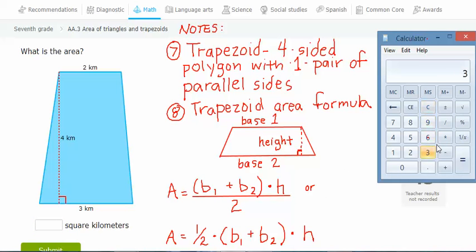Clear. 3 plus 2, you know, according to the formula, it doesn't matter which order. I could do 3 plus 2 or 2 plus 3 times 4 divided by 2 equals 10.